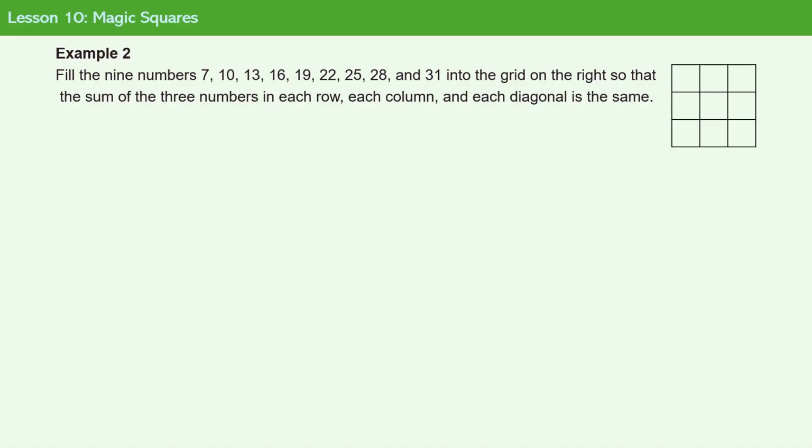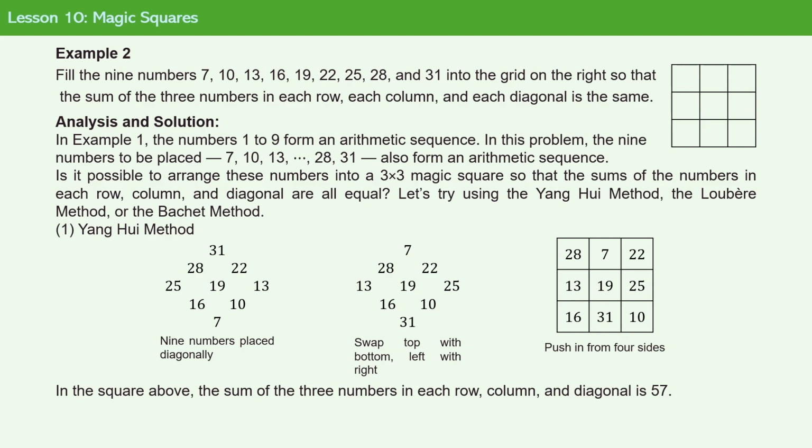Example 2. Fill the 9 numbers 7, 10, 13, 16, 19, 22, 25, 28, and 31 into the grid on the right so that the sum of the 3 numbers in each row, each column, and each diagonal is the same. In example 1, the numbers 1 to 9 form an arithmetic sequence.